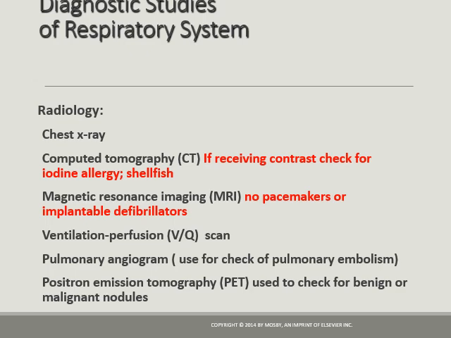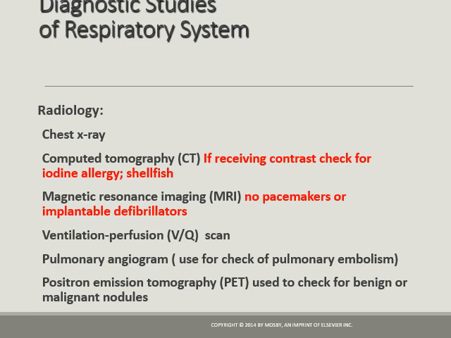If I've got a normal scan, it shows homogeneous radioactivity. If there's diminished or absent radioactivity, it's suggestive of a lack of perfusion. So maybe there's an emboli in there causing a lack of perfusion. Ventilation without perfusion suggests pulmonary emboli.